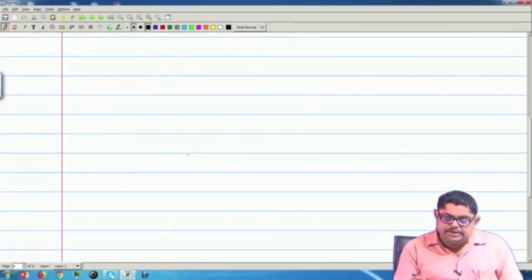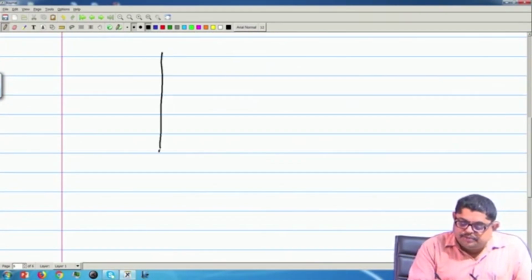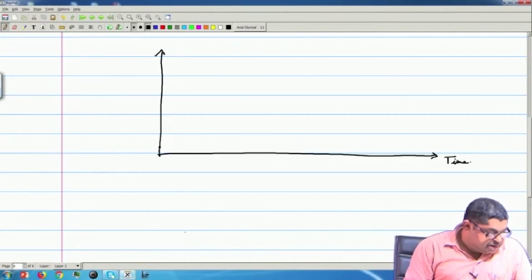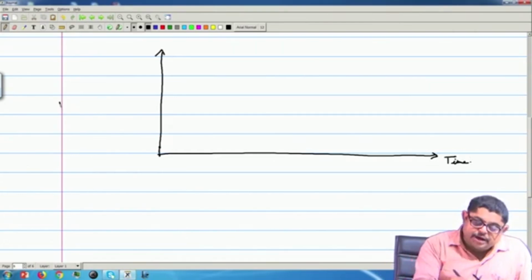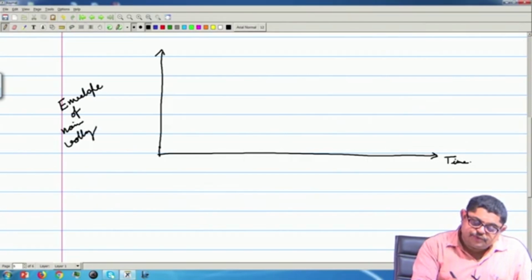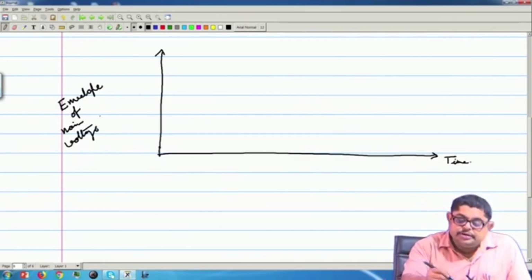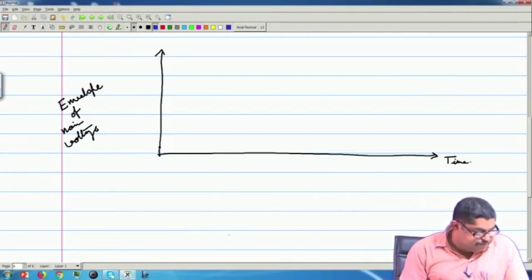For that, I just draw a simple time domain picture, and here I am writing envelope of noise voltage. I am observing over time, so I am just finding the noise.